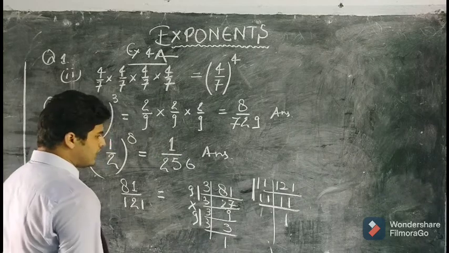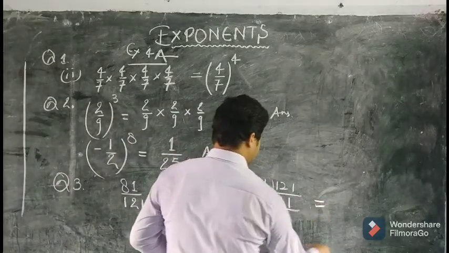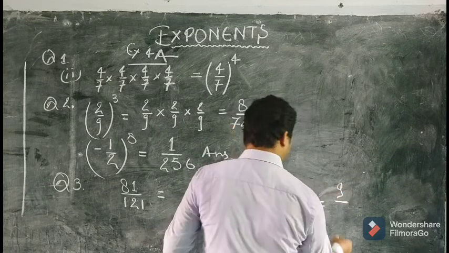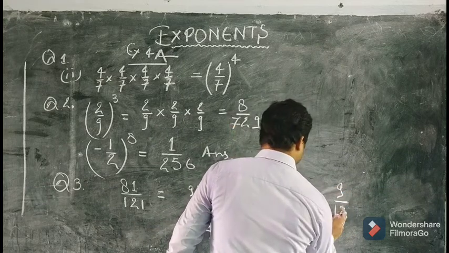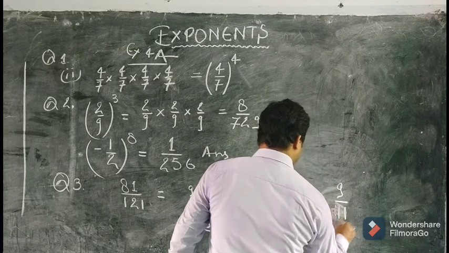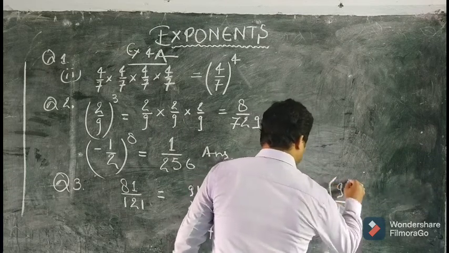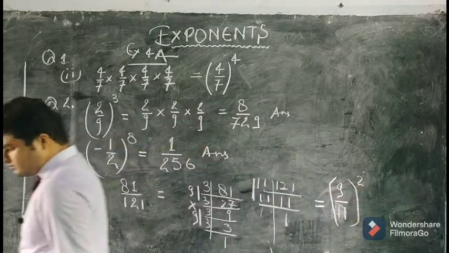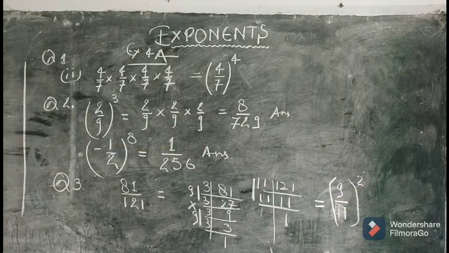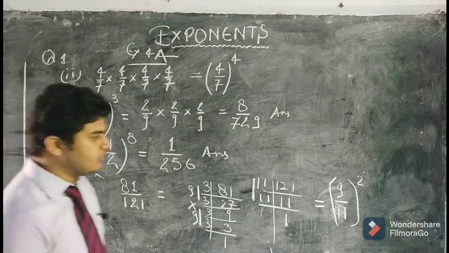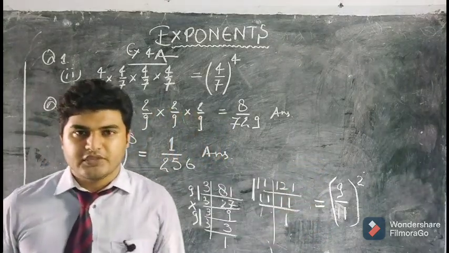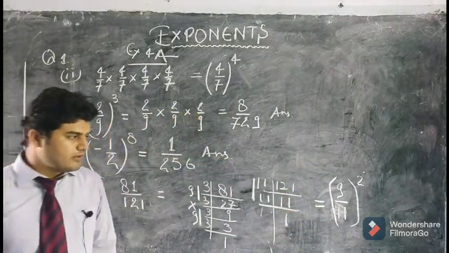So 81 can be written as 9, and 121 can be written as 11, and this whole can be raised to the power 2, because 81 is the square of 9 and 121 is the square of 11. So it can be written as 9 upon 11 whole squared, 9 upon 11 raised to the power 2.